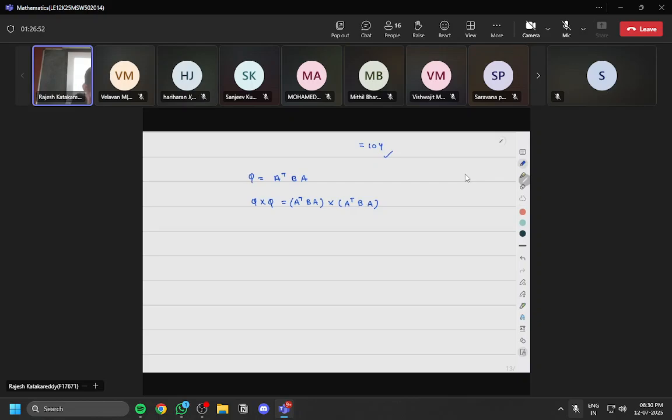Matrix A is orthogonal in the problem. A into A transpose, you will get identity. In the same way, Q to the power 2021 is A transpose, P to the power 2021, A. So now, left multiply with A on both sides.